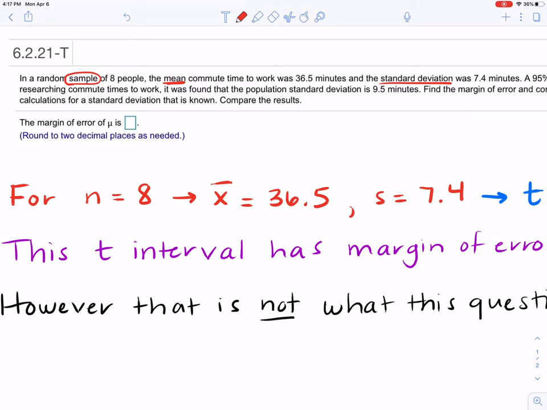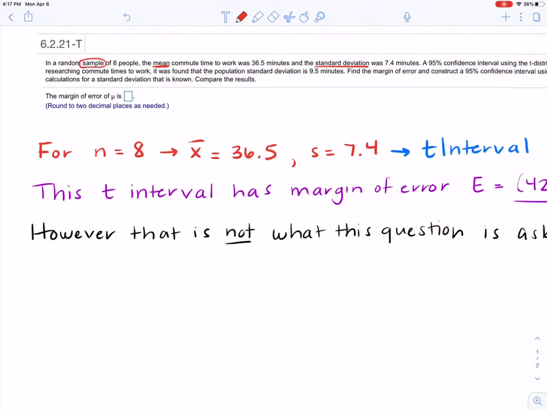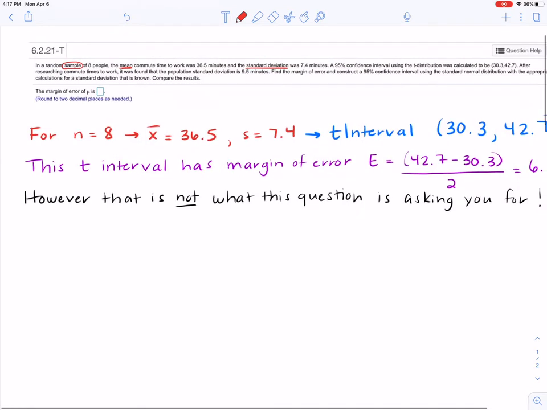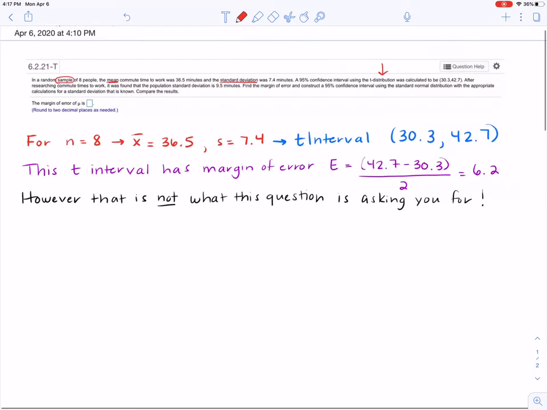Sample standard deviation is denoted with S. Now, anytime your standard deviation is for the sample only, you will construct this using the T distribution, and that's exactly what has been done here. So notice it says a 95% confidence interval using the T distribution, that's because we only have a sample standard deviation, was calculated to go from 30.3 to 42.7.